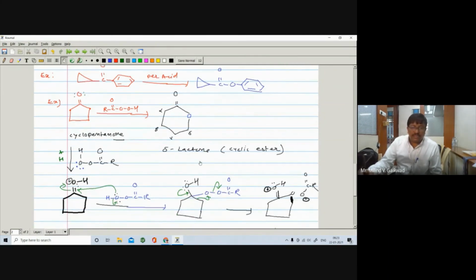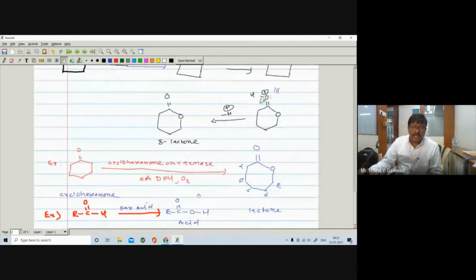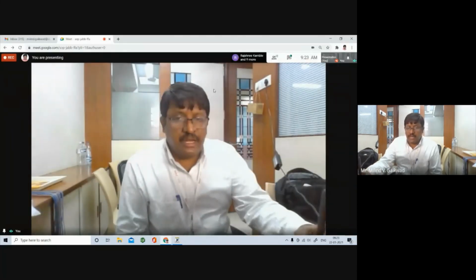So in this way we have seen the mechanism of this reaction, right? And if there is R and H, in that case the hydrogen will undergo migration and you get the corresponding acid. So aldehyde to acid can undergo conversion by using per acid, and the name of the reaction is the Baeyer Villiger oxidation reaction.